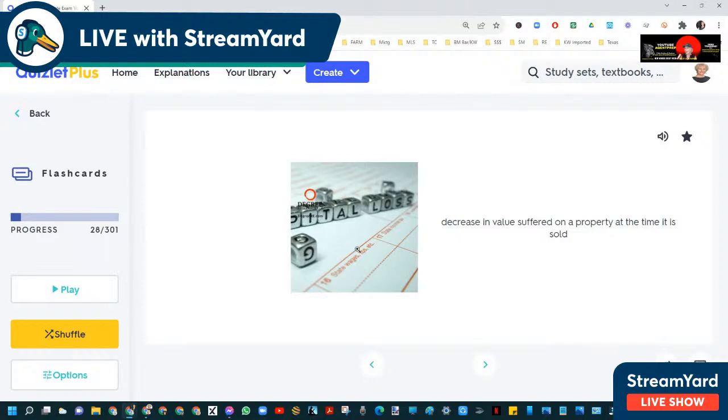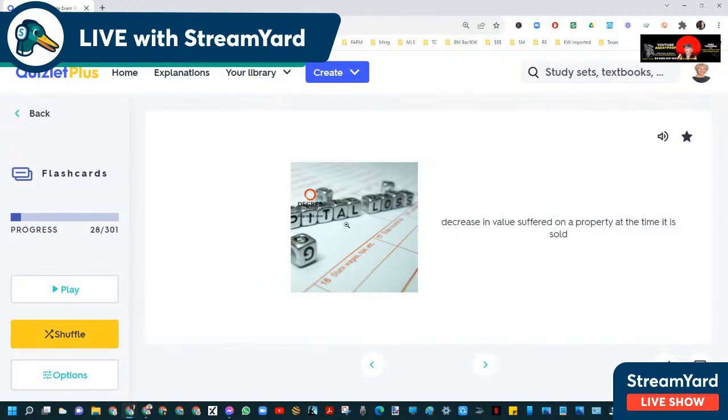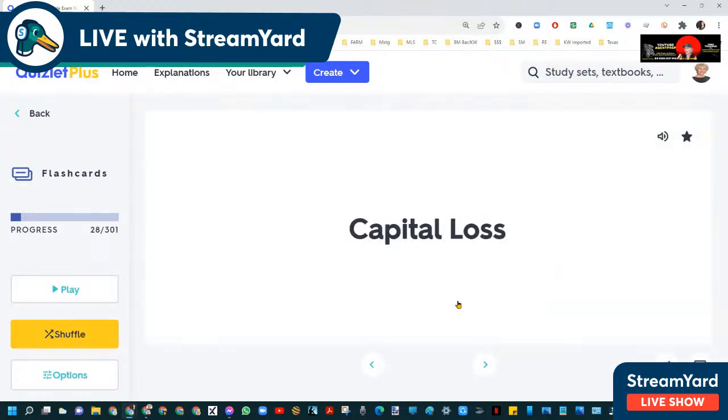A little capital loss, and it's got to be reported to IRS. Capital loss. Okay, the clue was in the text, but it wouldn't show you the whole word. So a decrease in value suffered on a property at the time it is sold. That is a capital loss.